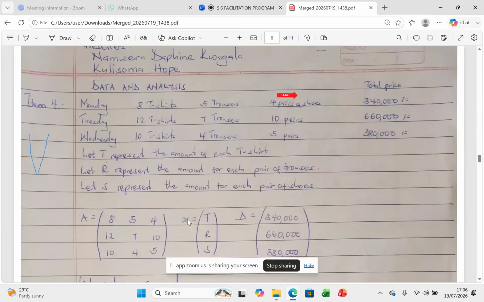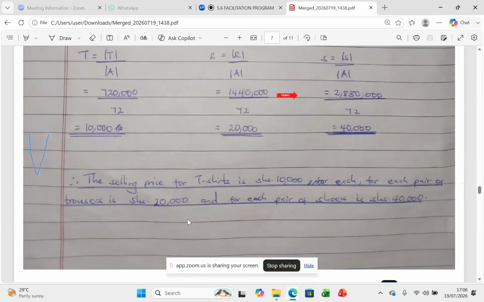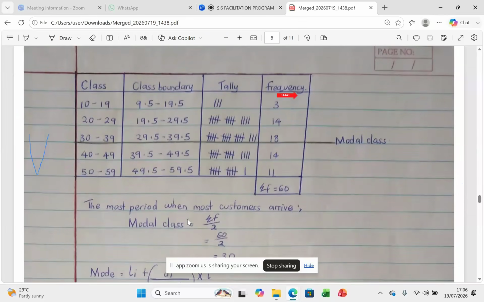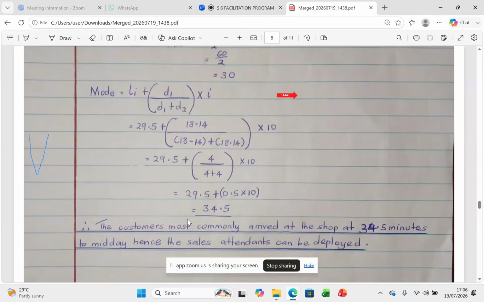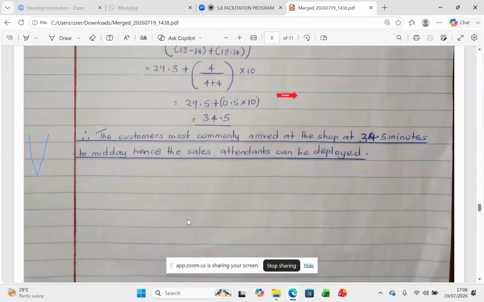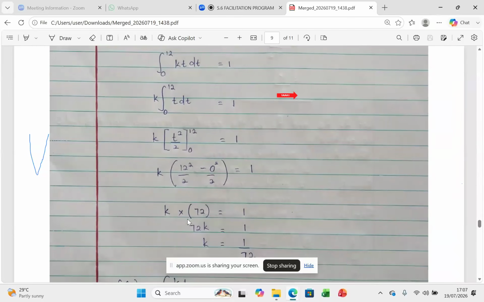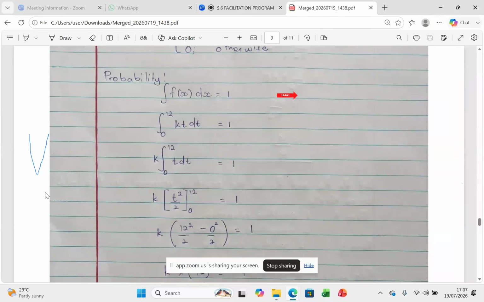But according to the function that was given to us, we had a constant k whose value we did not have. So we had to first find the value of the constant k. Since it is a continuous random variable, we had its formula as the integral of f(x) dx equal to 1.